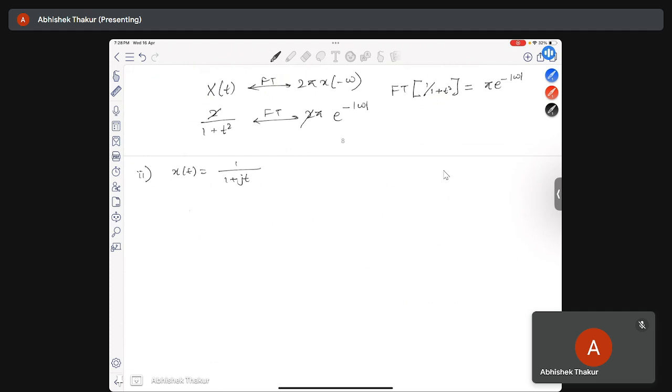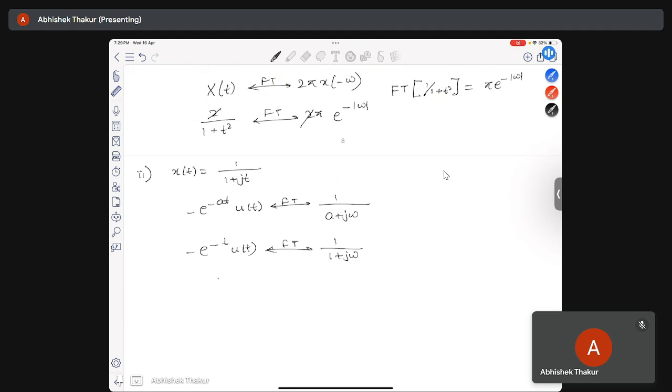So we know that the Fourier transform of e^(−at) u(t) is given as 1 by (a + jω). So e^(−t) u(t) will have the Fourier transform 1 by (1 + jω).